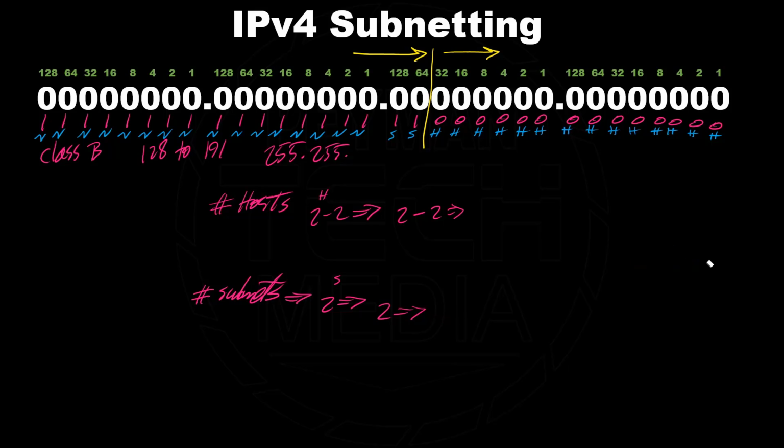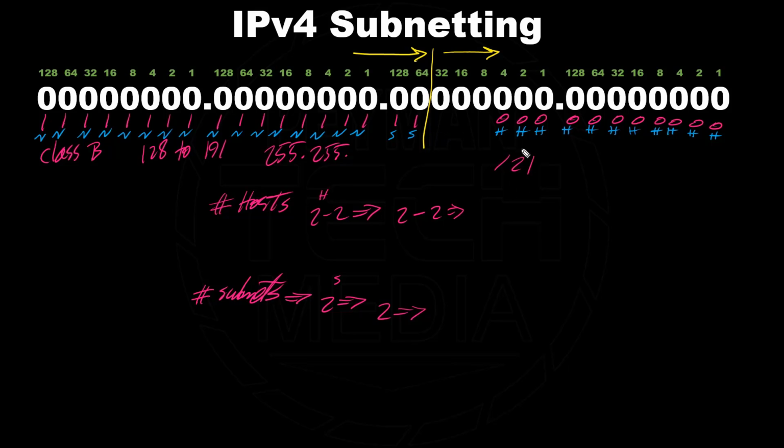Okay, let's write down 21 here, /21. So what does it mean? We have to count 21 going from left to right, right? 8 plus 8, that's 16, 17, 18, 19, 20, 21. So we know we borrowed all this as well.